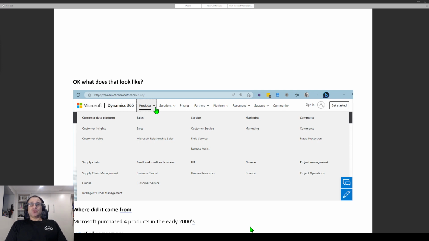The next one is called Service, and there are three types of Dynamics SKUs in Service. There's Customer Service, which is where a case might be raised, where you may have a question you would like answered. A Customer Service Dynamics product can be utilized to give better insights to your customer. There's Field Service for Dynamics, which is where you may have field service workers working in the field and you want to assign specific work to them.